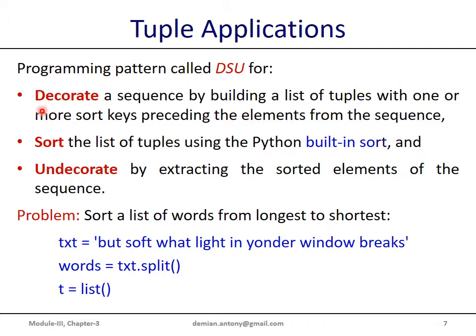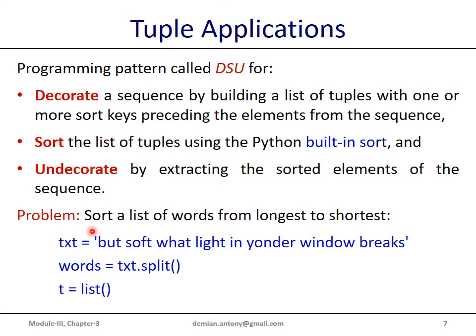So DSU is one application where we can have the arrangements of complex data items based on the requirement. Let's take up one example of sorting a list of words from longest to shortest. So this is one DSU related problem. We have a list of words, a data sequence is given.